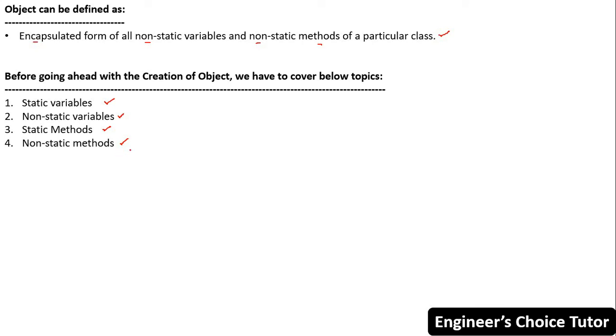Once you are done with this, it will be very easy to understand the creation of object and which types of variables take part in the creation of object. I will teach you these four topics first, then how we can create an object of a class.